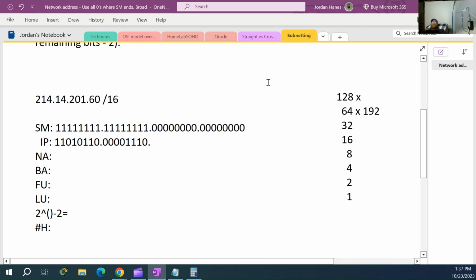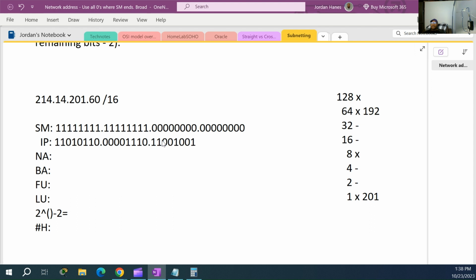So we only need 9 more. So we're going to put a dash there. We don't need a 32. We don't need a 16. We do need 8. We don't need a 4. We don't need a 2. And we do need this one here to give us 201. So the binary representation of 201 is 1, 1, 0, 0, 1, 0, 0, 1.